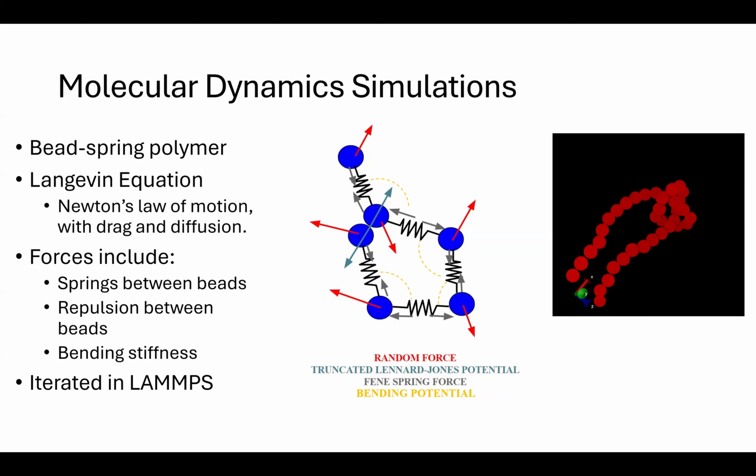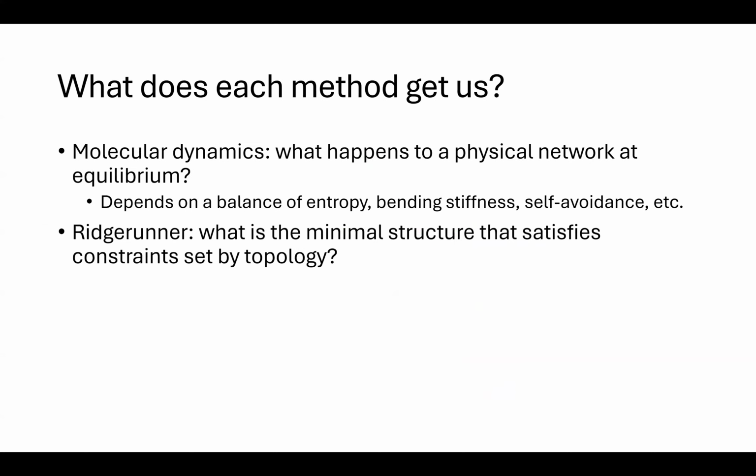The forces involved are repulsion, basically almost hard sphere repulsion between atoms, which prevents them from going through each other, and finitely extensible springs. By tuning the ratio of the repulsion diameter and the maximum spring extension, these simulations can preserve the topology of a knot or a link unless you let the ends pass through, like if you don't make it a closed loop. And this is all done in a software called LAMMPS.